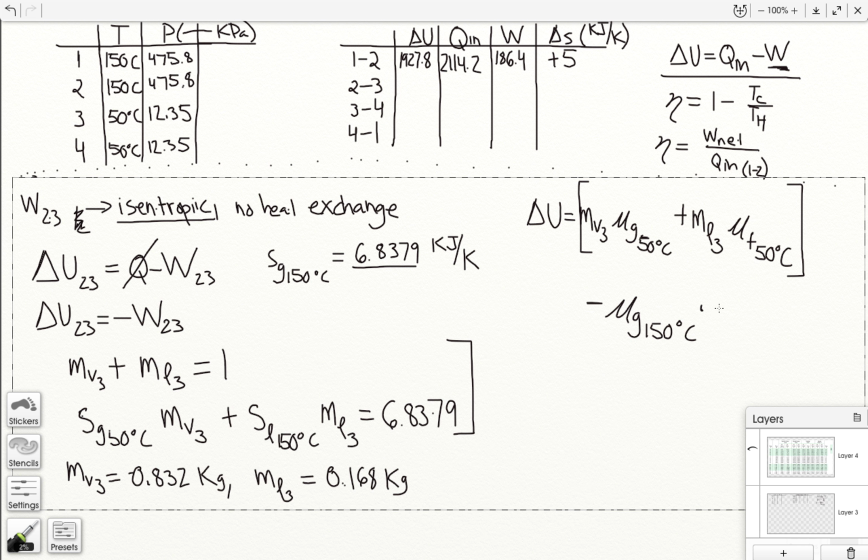State 2 is all vapor, so this is u_g times 1 kilogram. And so here I'm going to get that this is equal to negative 491.34 kilojoules.